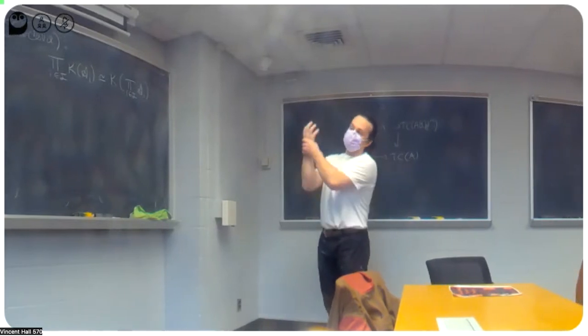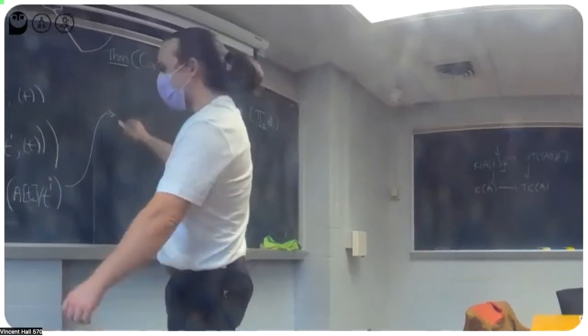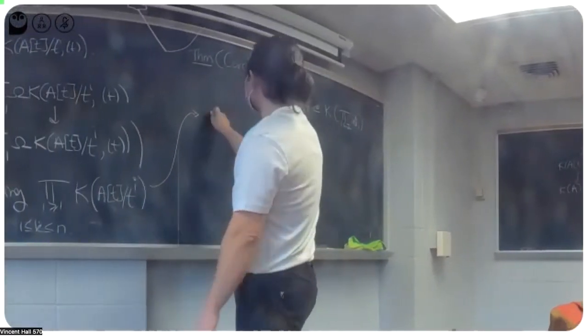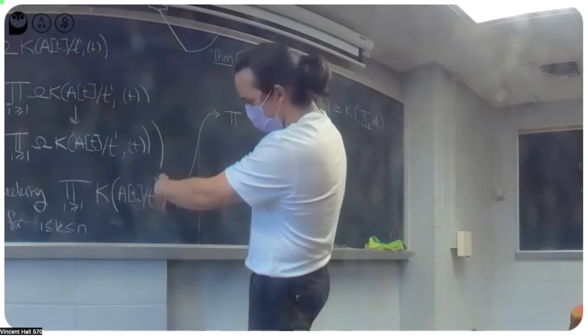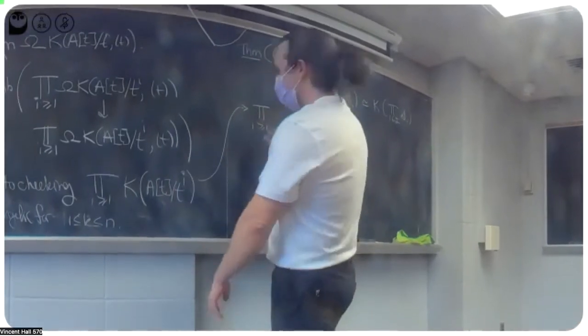And so because of this, we can write down this expression, which is secretly given by the K theory of some categories of finitely generated projective modules in the following way.